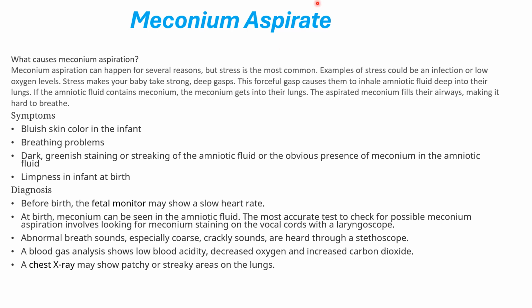And now I will talk about the pathophysiology of meconium aspiration syndrome. So meconium in the lungs causes a complex cascade of issues. One of them is the airway obstruction. The meconium is a thick and sticky material that can partially or completely block airways.